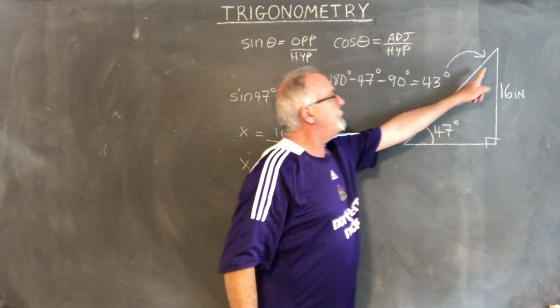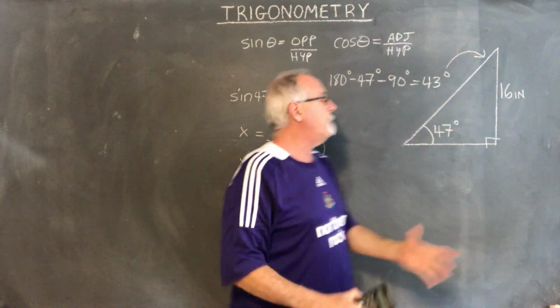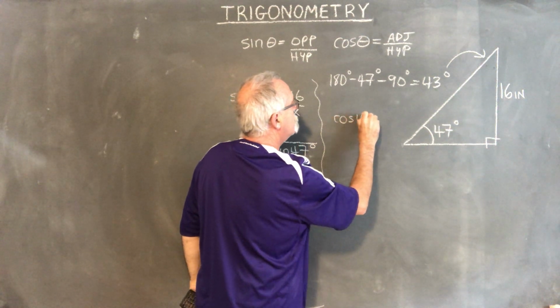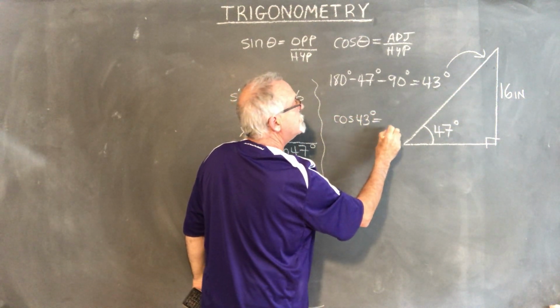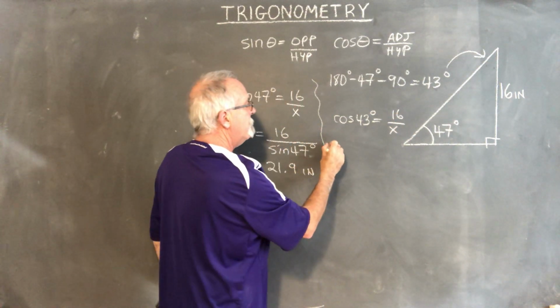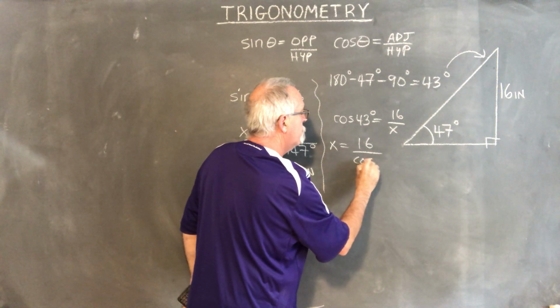And from the 43-degree angle's point of view, the 16-inch side is adjacent. Therefore, I can use this formula. Cos of 43 degrees is equal to adjacent 16 over hypotenuse x. Again, I find myself doing the trade. X is equal to 16 over cos of 43.